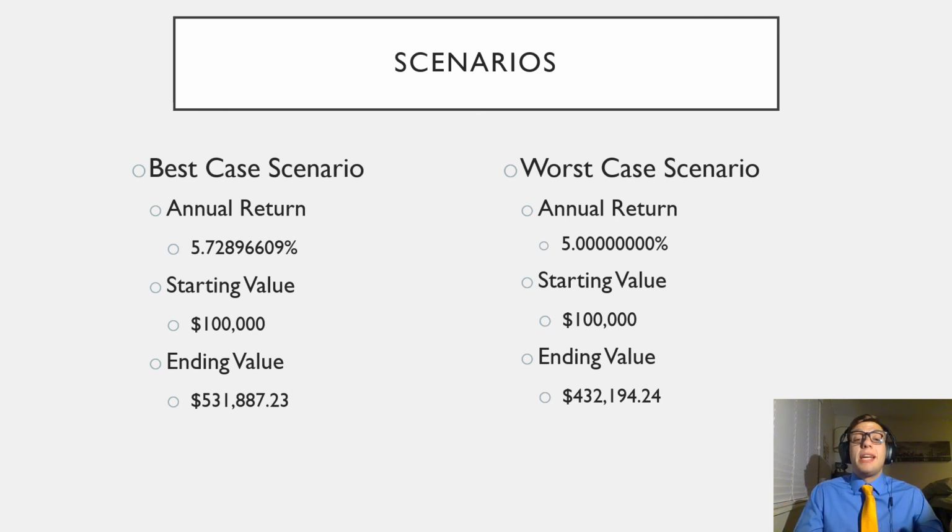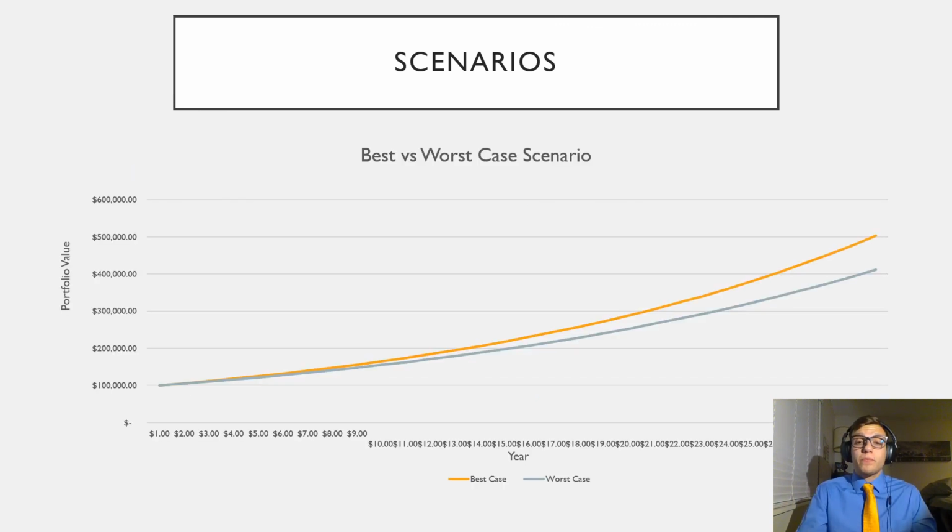Obviously, our best case scenario is infinite if our bonds and our funds just exceed expectations, and our worst case scenario is zero if everything absolutely tanks. The United States economy absolutely tanks to zero. But we're looking at our most realistic best case and worst case scenarios.